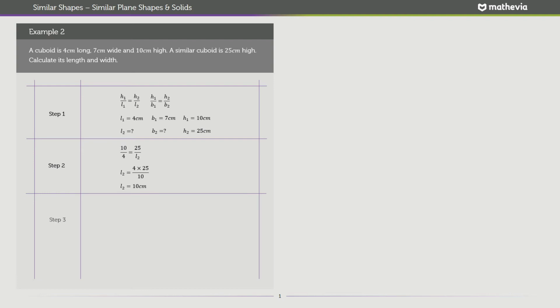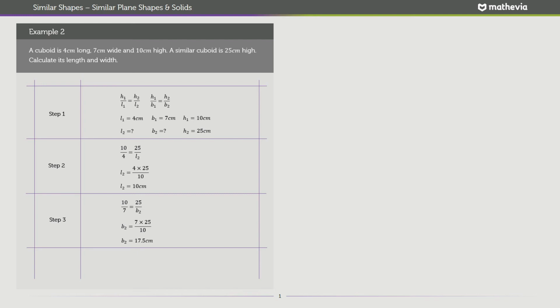Okay, to find the width, you look at the ratio of the height and width of the first cuboid. So you do 10 centimeters over 7 centimeters should equal 25 over something, and to find that something you just go ahead and solve, and you should end up with 17.5 centimeters.